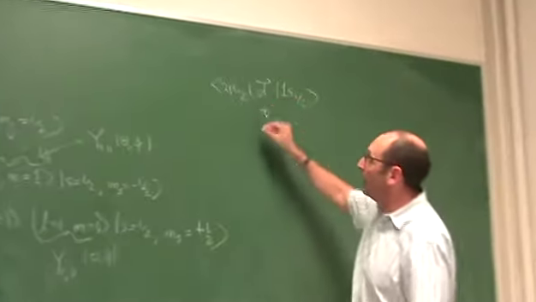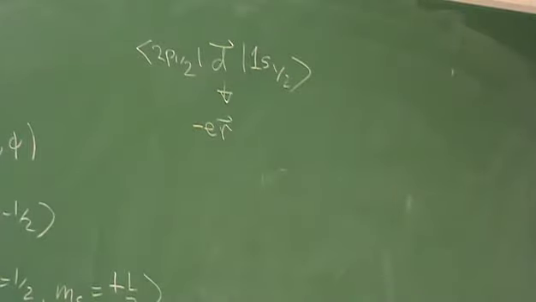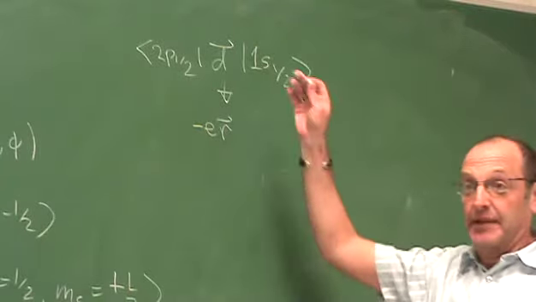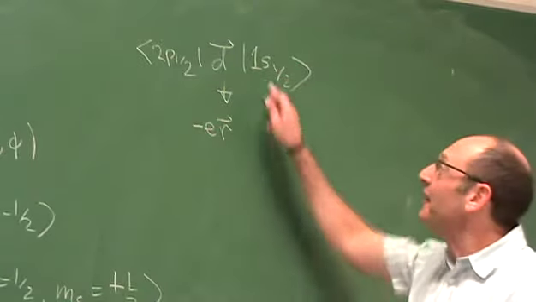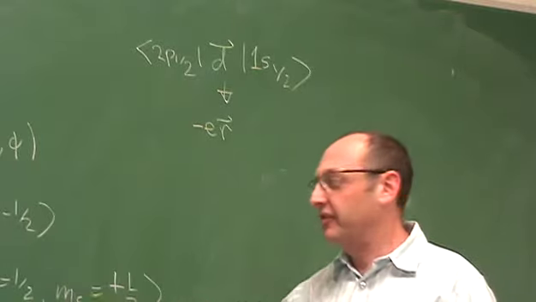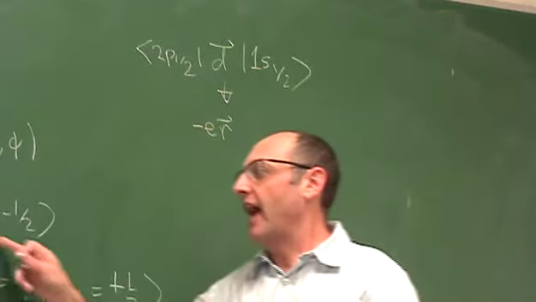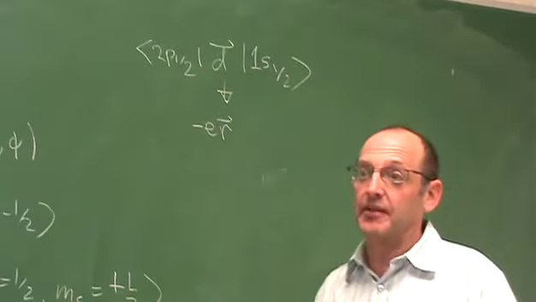This is an operator that is the charge of the electron times the position of the electron relative to the proton. And so to calculate this matrix element explicitly, we need to uncouple the states, write them in terms of the orbitals and the spins, and then look at the dipole matrix elements.